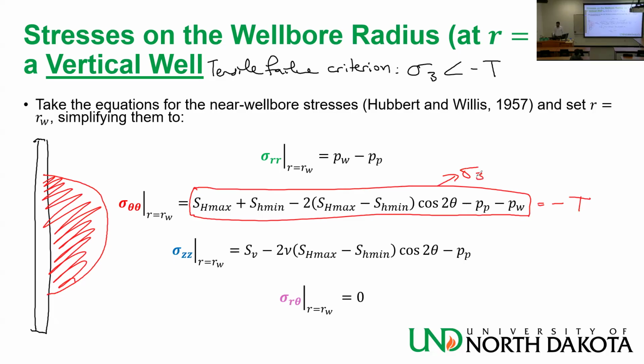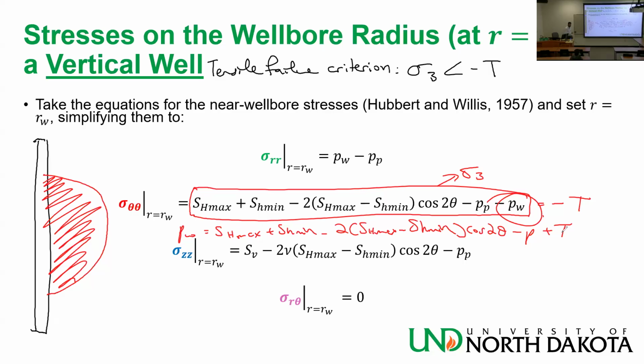Then solve for PW. So we are going to have something like PW equals SH max plus SH min minus 2 (SH max minus SH min) cos 2 theta minus P plus T, right?